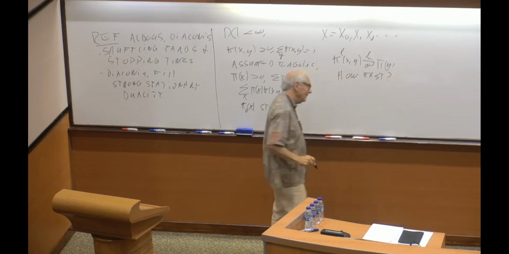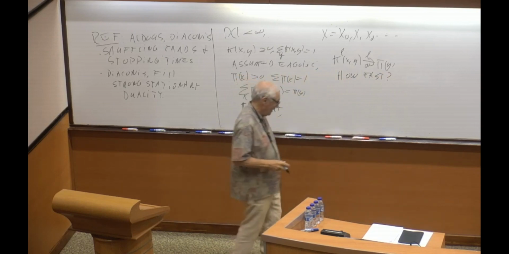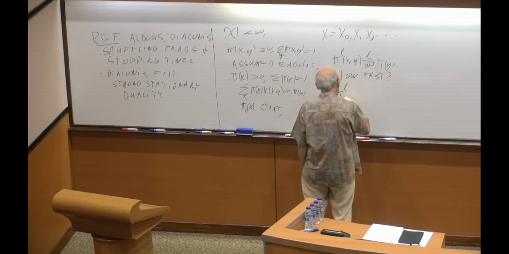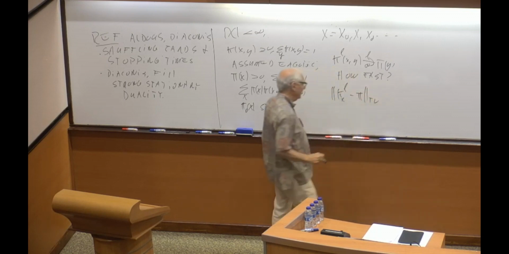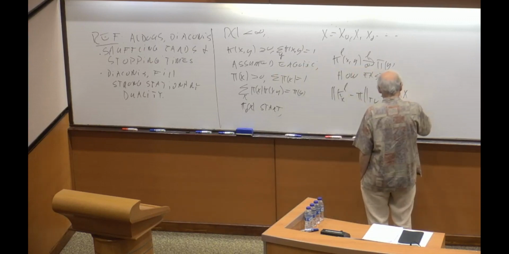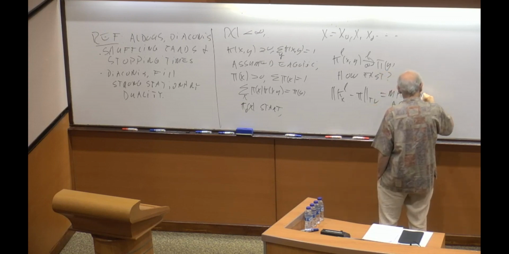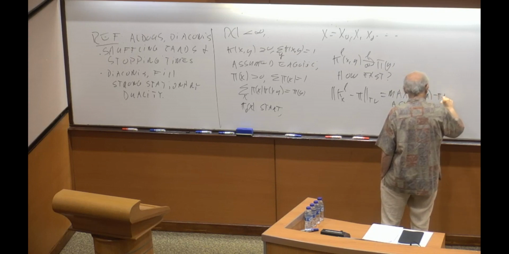And as a default, we'll talk about other distances soon, but the distance from K to pi after L steps is the maximum over A in X of |K^L(x,A) minus pi(A)|.